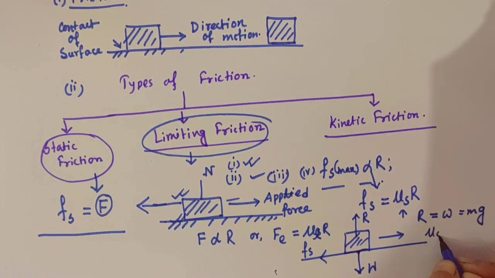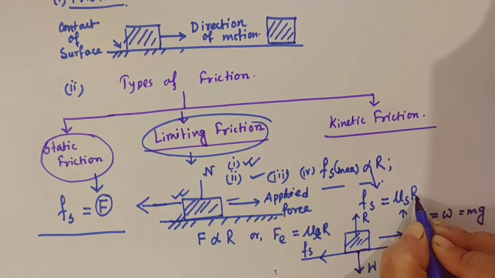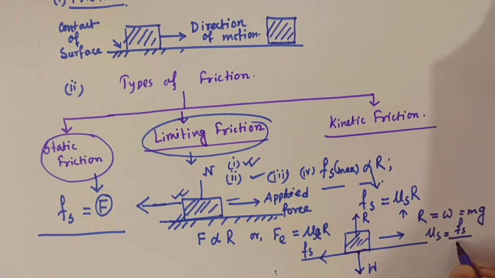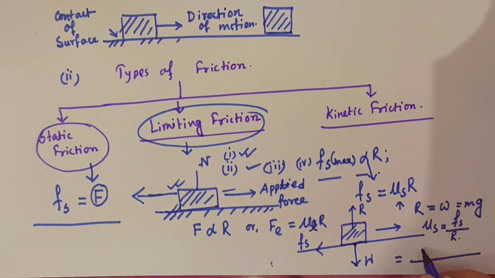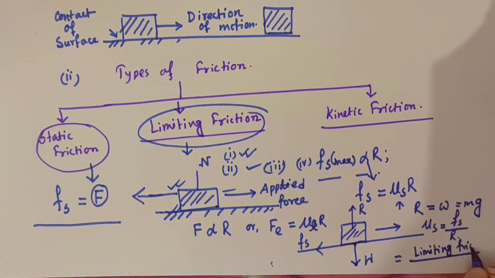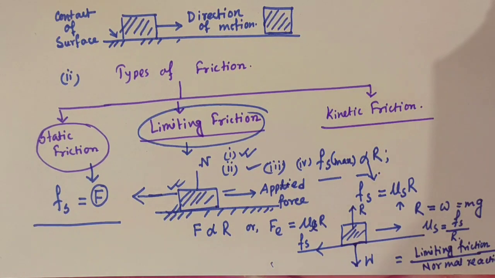So from here we can write mu s is equal to Fs divided by R. That means mu s is equal to limiting friction divided by normal reaction.